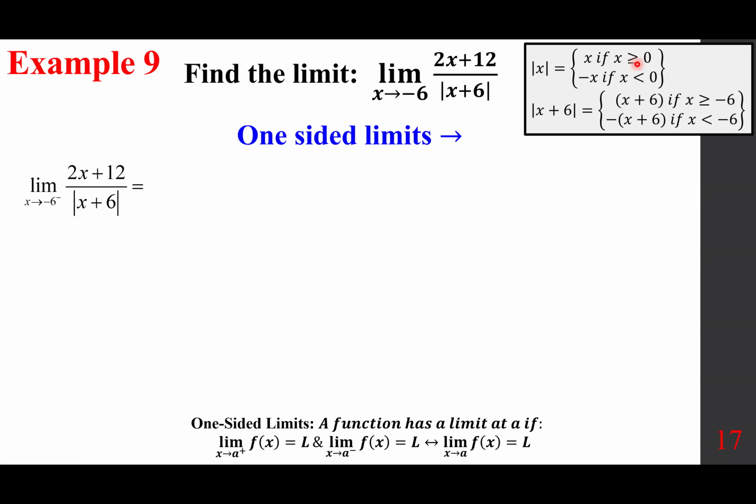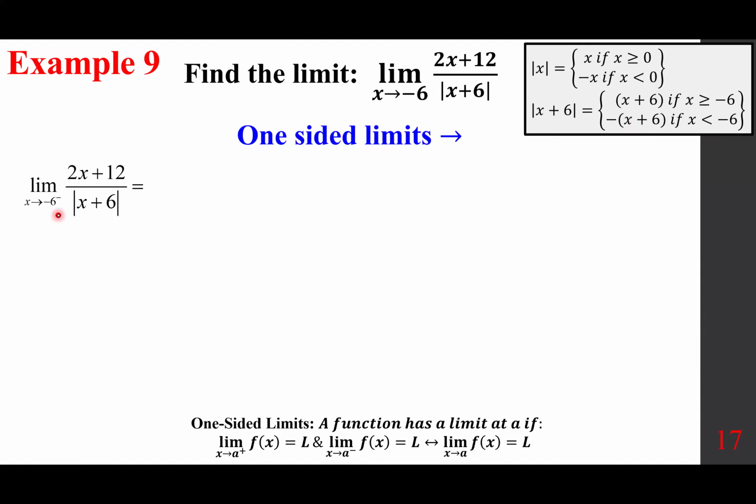That's equal to x if x is larger than or equal to 0, and minus x if x is less than 0. So the absolute value of x plus 6 is x plus 6 if x is larger than or equal to -6. In other words, set this equal to 0. And you negate that, minus the parenthesis x plus 6, if x is less than -6.